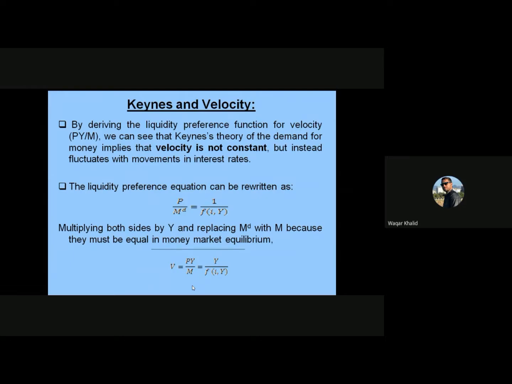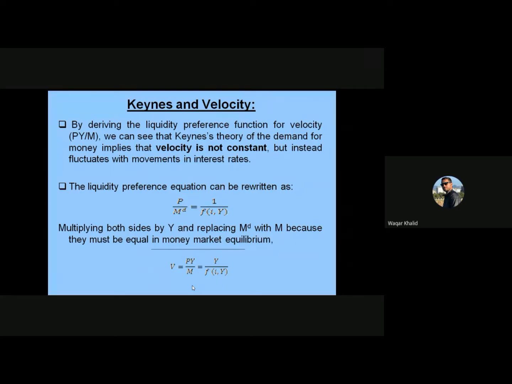In the Fisher theory, we saw that velocity was constant in the short run, but J. M. Keynes says that velocity is not a constant value, but instead fluctuates with movements in interest rates. It means that if interest rates change, velocity will also change.